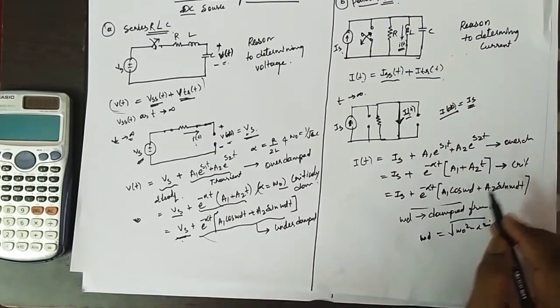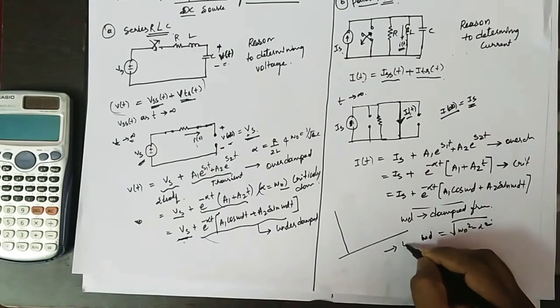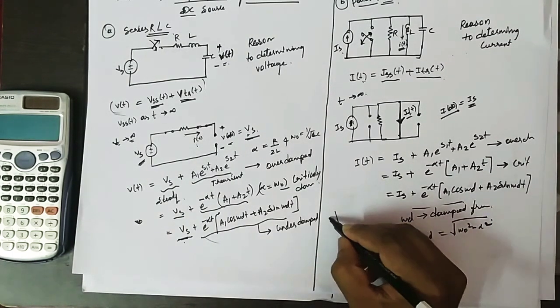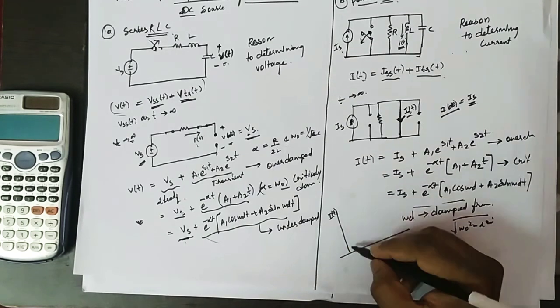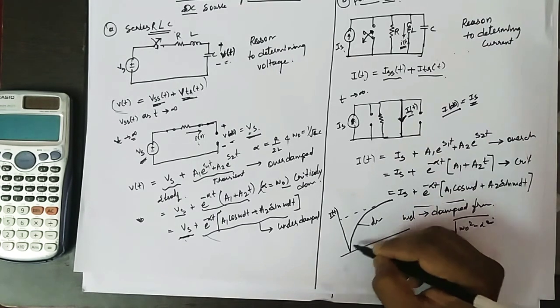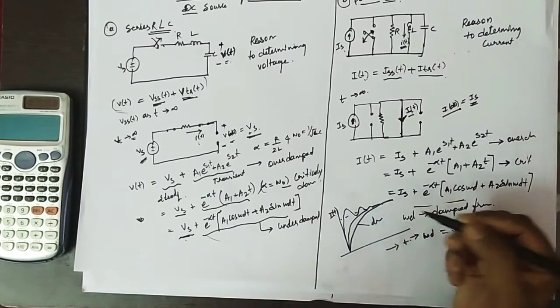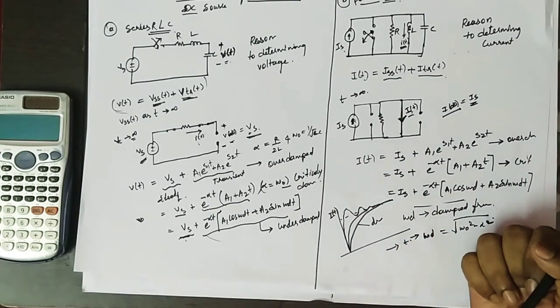This is the response as time t tends to infinity: overdamped, critically damped, underdamped.